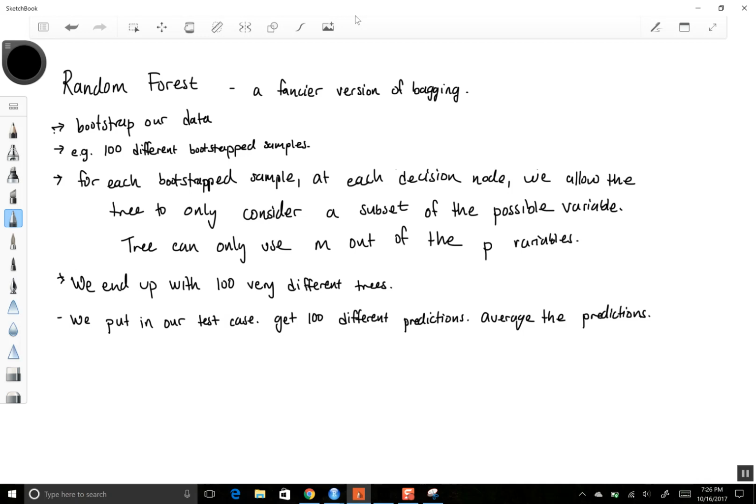Sometimes in your data, one of the variables is the strongest predictor. So when you're doing your initial split on RSS, even though you've bootstrapped the data and gotten a different sample each time, maybe that one predictor is so strong that every single one of your trees ends up having that same predictor at the top.